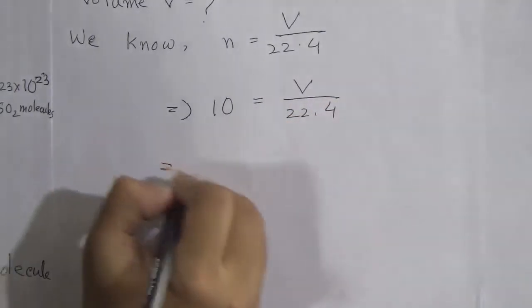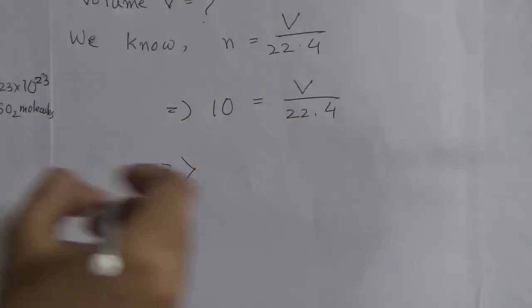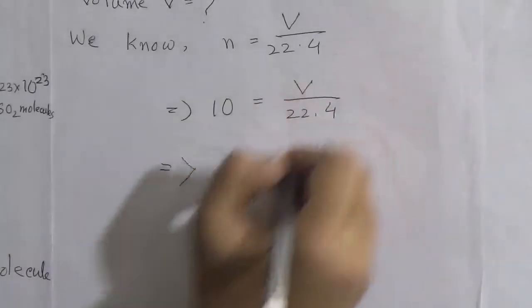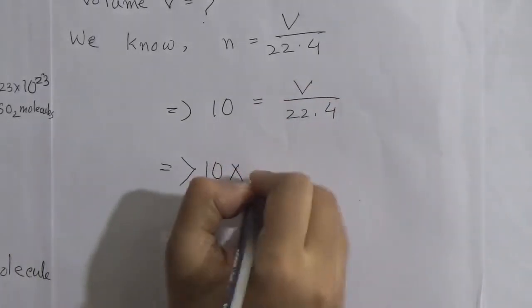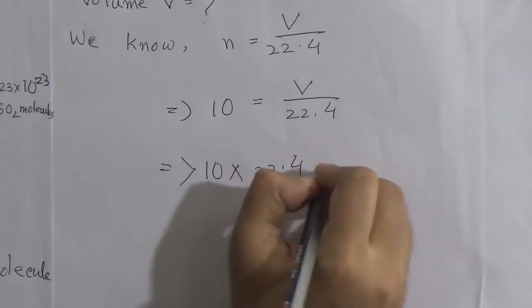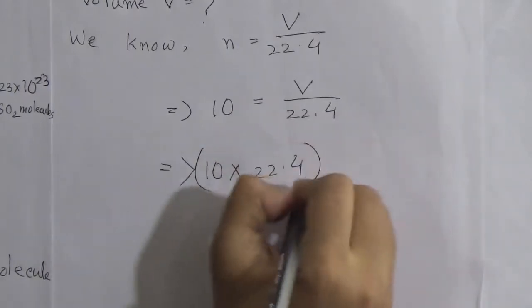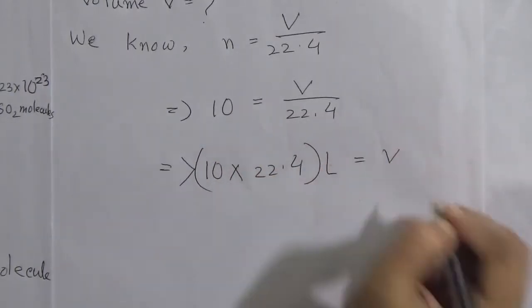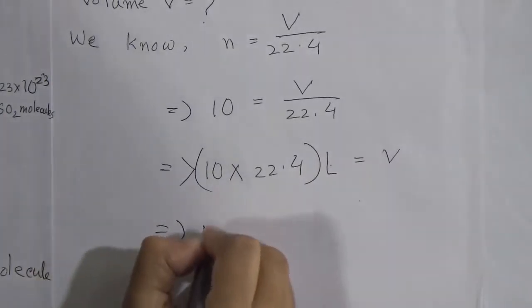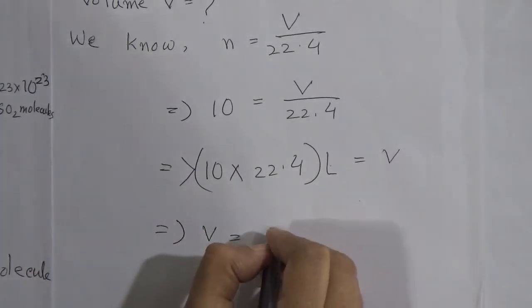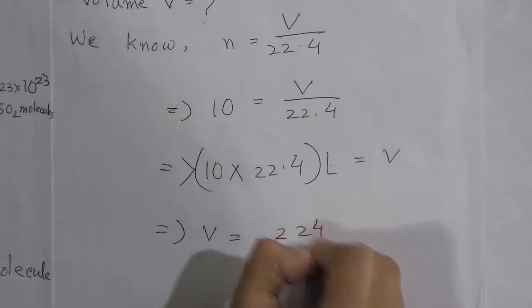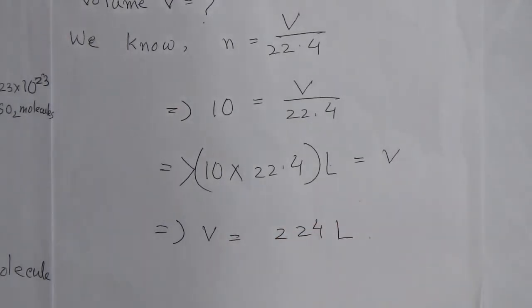That means 10 multiply 22.4, that is liter, because we have to find out the volume. So volume is equal to 224 liter, and this is the answer of this problem.